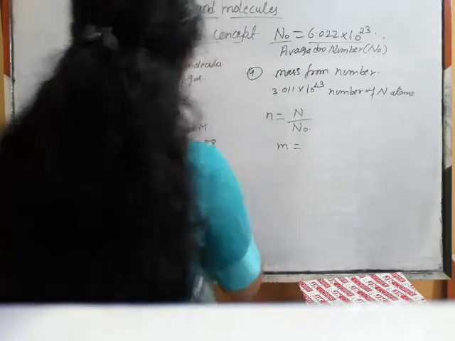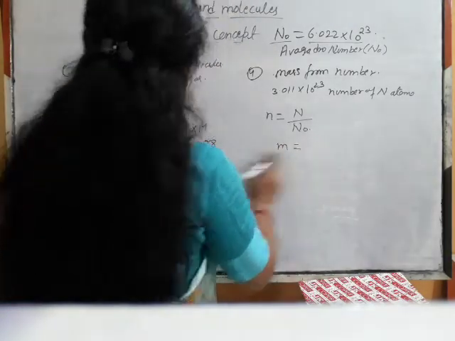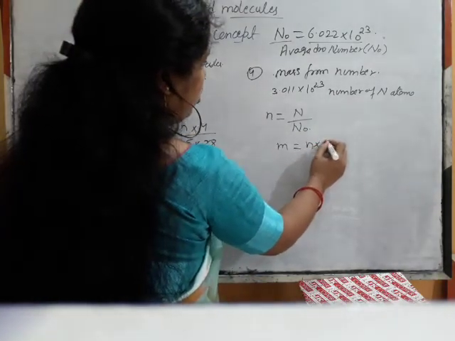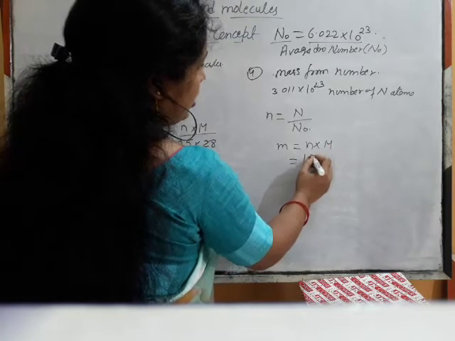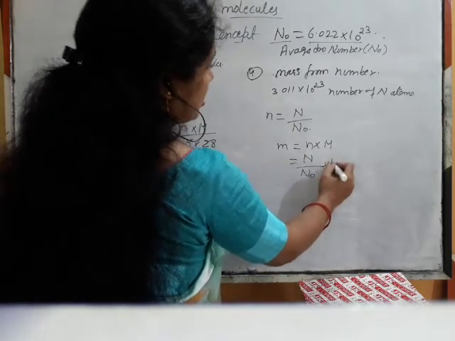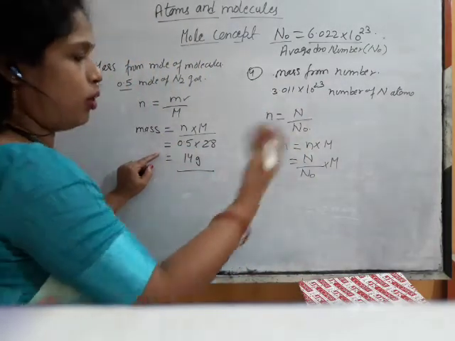Mass is equal to n into M. So n is N upon N naught, into the molar mass of the given atom or the molecule.